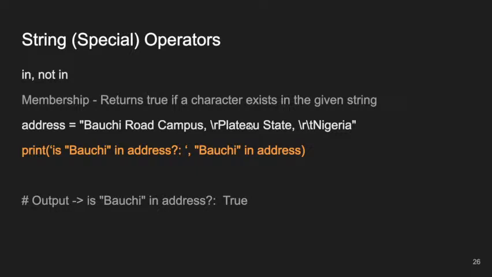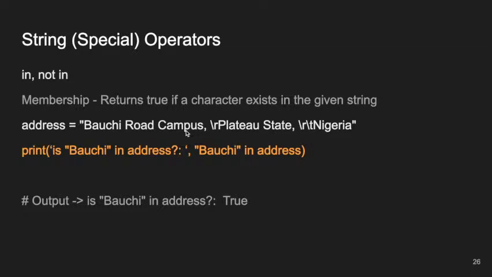Okay, so we have these keywords in and not in. Basically they can help us to check if a character is in a string or not. For example, here we have address again, and then we're going to check if a substring is inside this address.